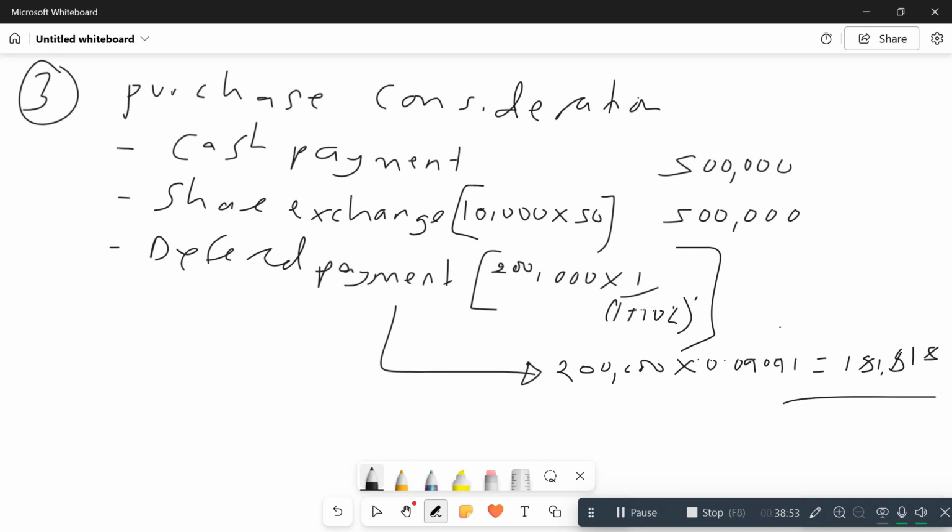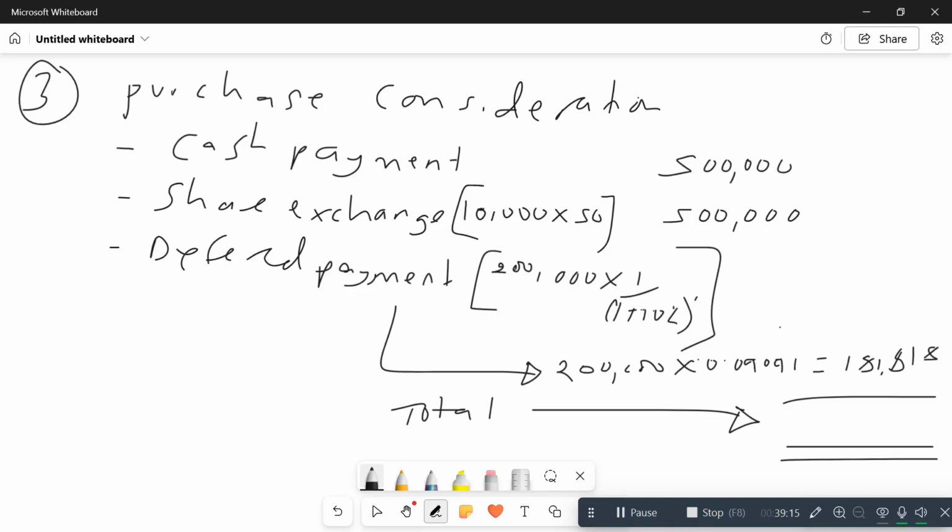Then you can get your total here. Total purchase consideration is going to be, we shall add the other 1 million plus 181,818.